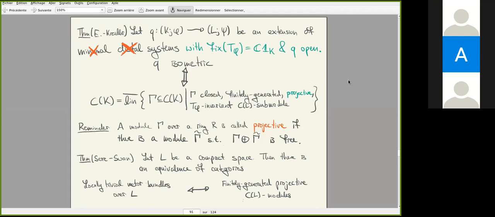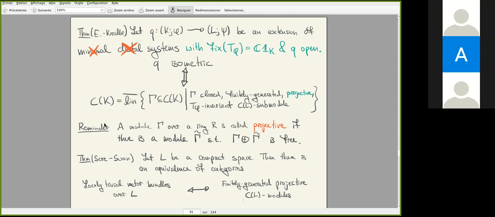It only appears to be more complicated because actually in the setting of Knapp, the modules also turn out to be projective. Because of minimality, and if you don't have minimality, you need to require this. Now, quick recap from algebraic topology, what these projective modules are.